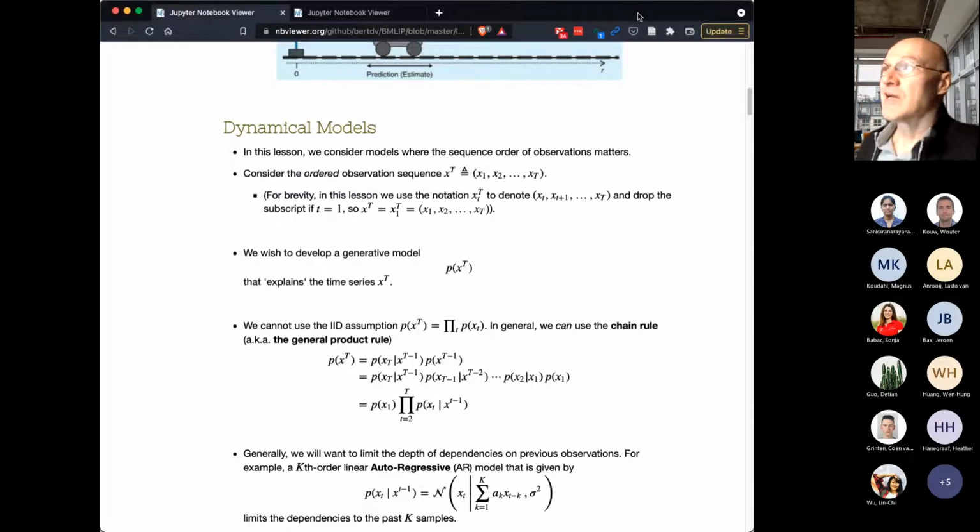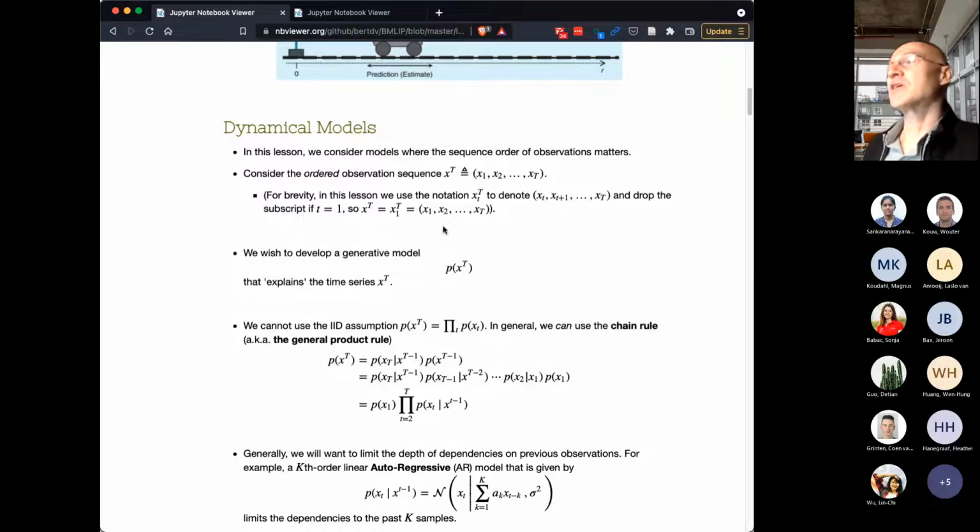Now, we as engineers know this is a data set that comes from, let's say, a speech signal. So we say, well, these x1, x2, x3 are not completely independent, right? If I receive a sample and want to predict the future of the speech signal, then it helps to know the past. So these samples are not independent.